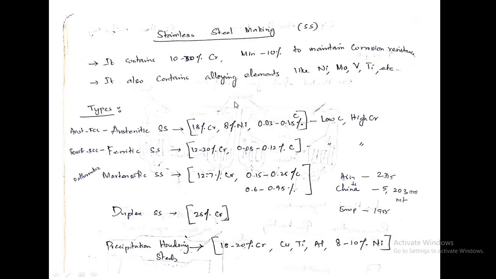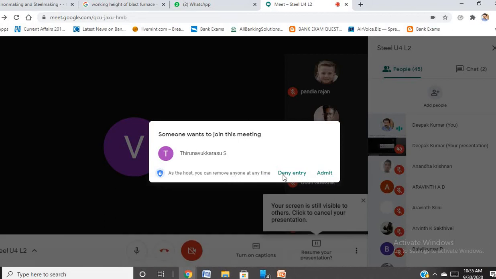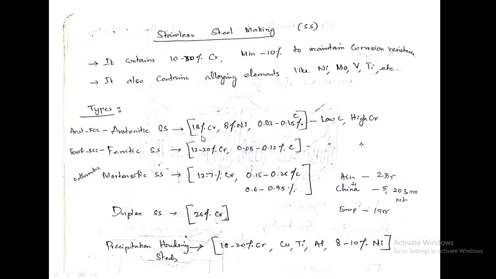These are the different types of stainless steel: austenitic, ferritic, martensitic, right? There are differences between these types in their composition.